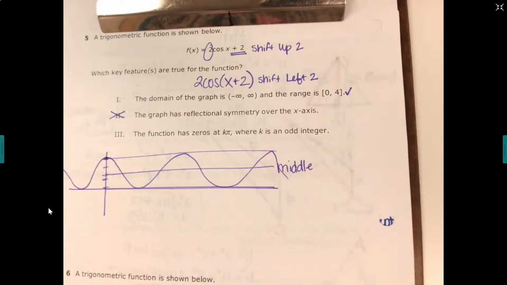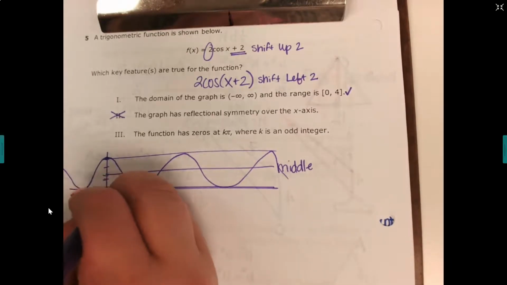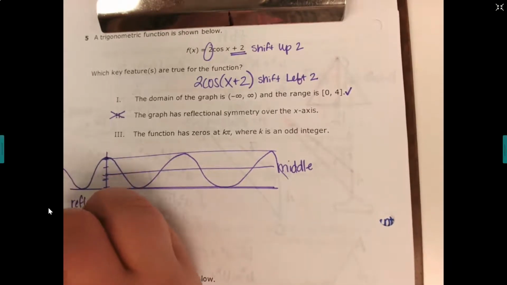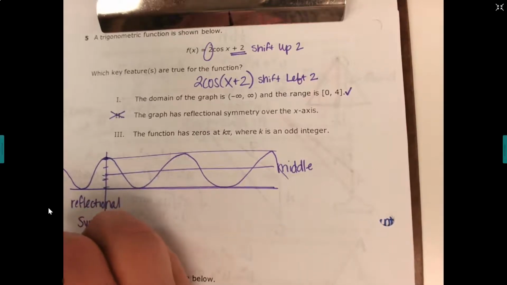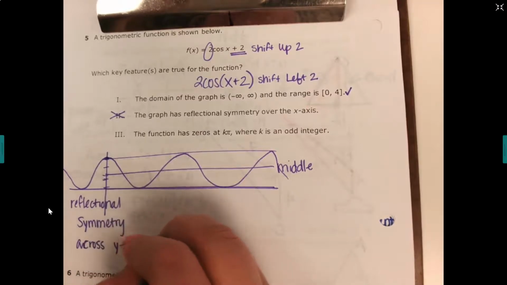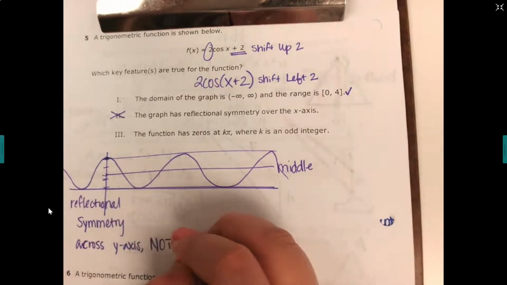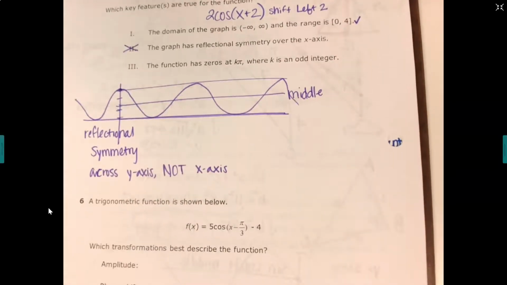Okay, but x-axis, there's not even any graph on the other side for them to match each other. Okay, so I'm going to put here, it has reflectional symmetry across the y-axis, but not the x-axis.